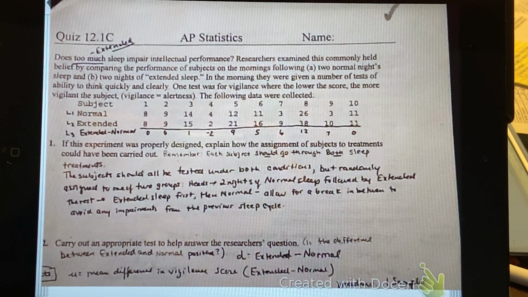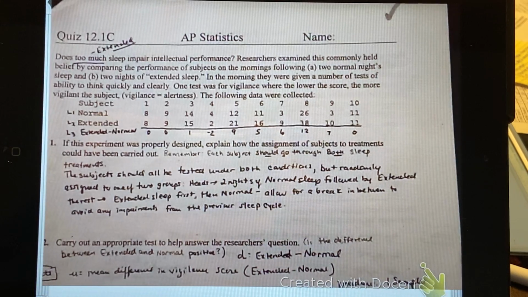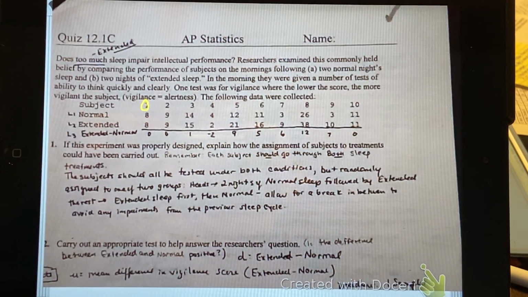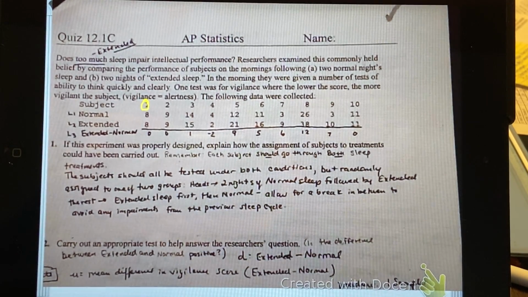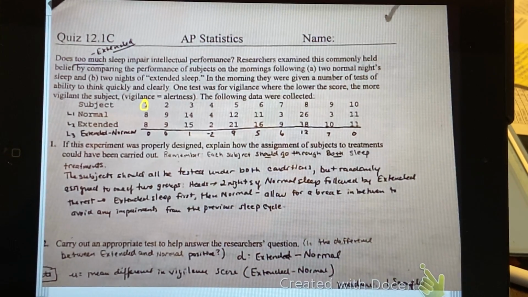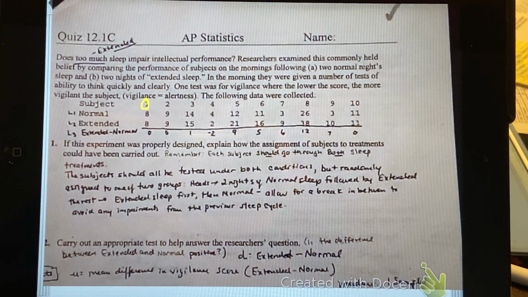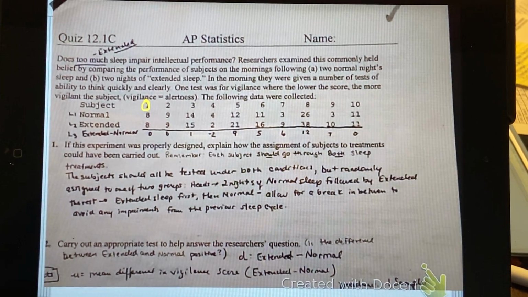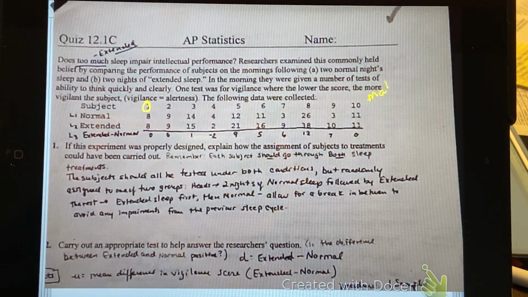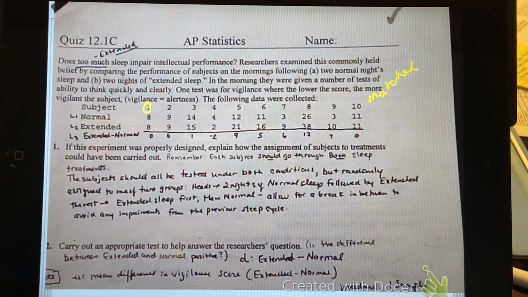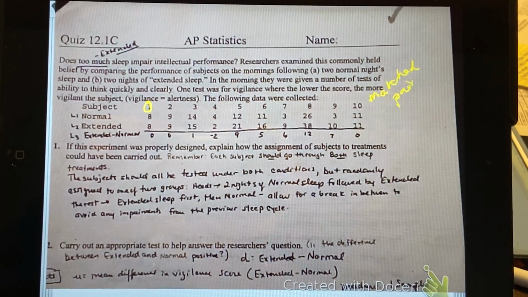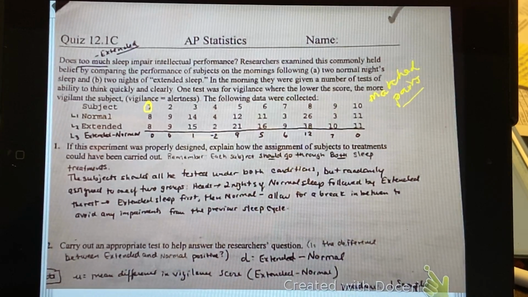So notice, they've numbered the subjects. So here's subject 1. Now notice subject 1 had normal night sleep, and then subject 1 also had extended night sleep. Guys, this is a matched pairs experiment where the subject goes through both treatments.